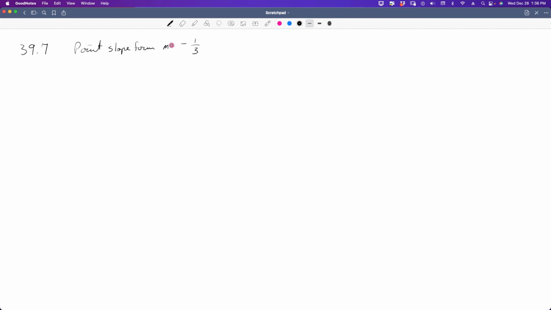That's our m is equal to negative 1/3. And we have point 1, so P1 is equal to (-2, 5). So now let's go back and look at what point slope form is. That's going to be y minus y1 is equal to slope times x minus x1.